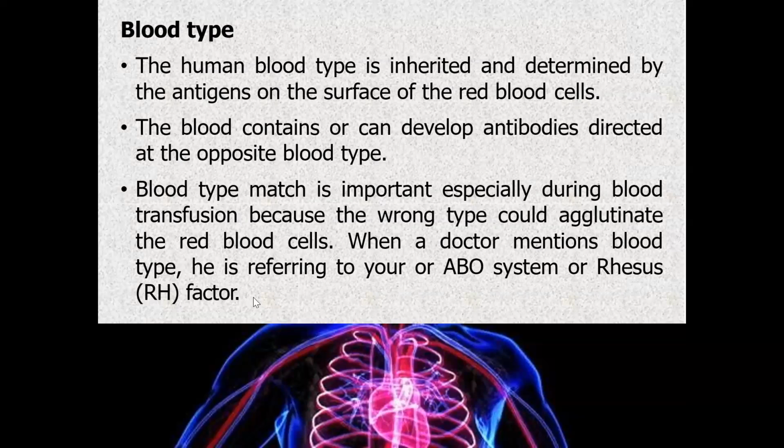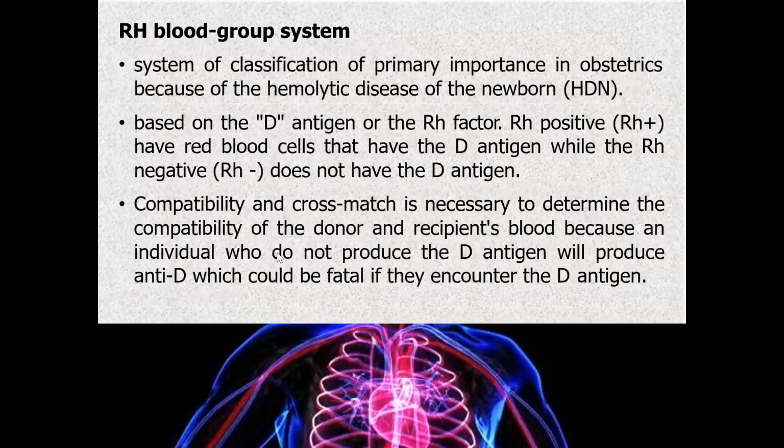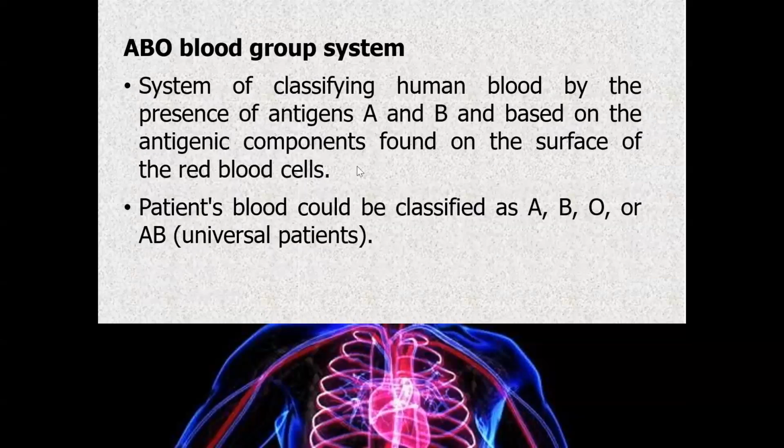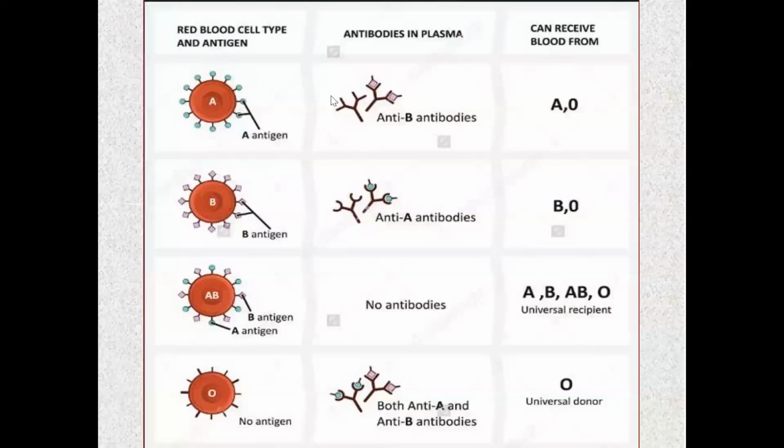Okay, so dito na tayo class kasi alam niyo na to, na-discuss na natin yan. So ito class, ulitin lang natin na pag si patient may A antigen sa kanyang RBC surface, A yung kanyang blood type. Whereas sa kanyang plasma, may anti-B.